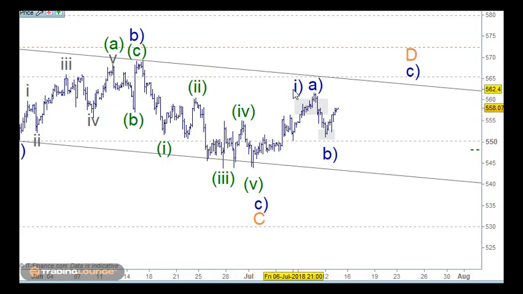So it can be wave 1 or the A wave here, and we have moved back in here. I can't figure out if this is 5 waves or 3 waves coming through here. It's not clear enough for me to call. So this could very much do what the DAX is doing as well, just move a little bit higher here, and then fold back down here for a larger correction.